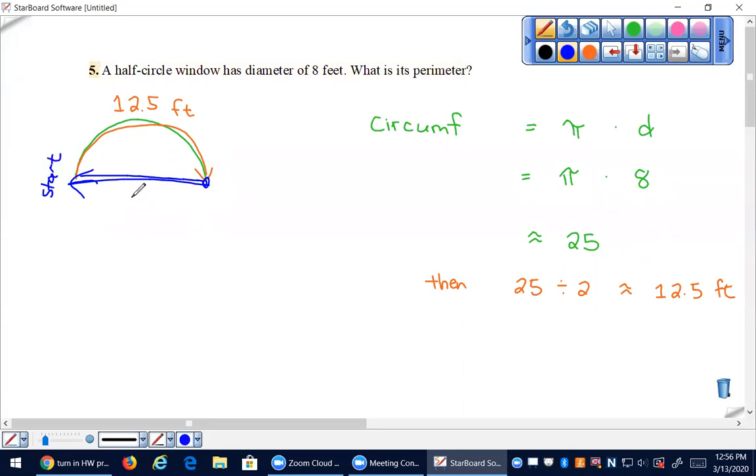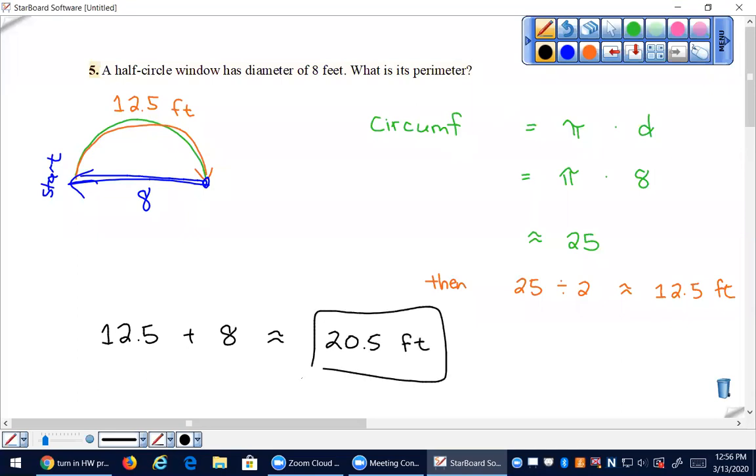No, it's right there on the page. This is 8. So 12.5 plus 8 is about 20.5 feet. Oh, I get it.